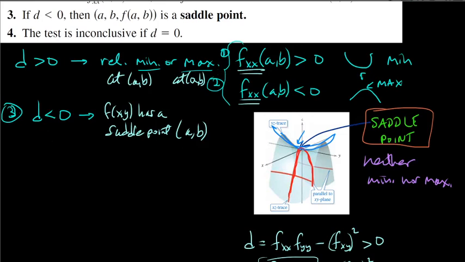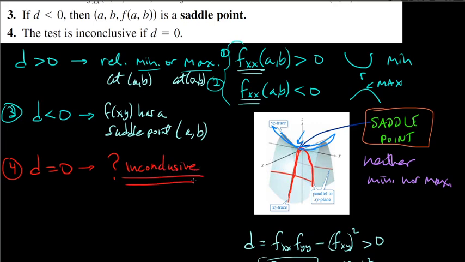And just like in Calc 1, there is an unfortunate fourth possibility if D is 0. If D is 0, just like when the second derivative was 0 in Calc 1, this doesn't tell you anything. This is inconclusive. So what happens then?